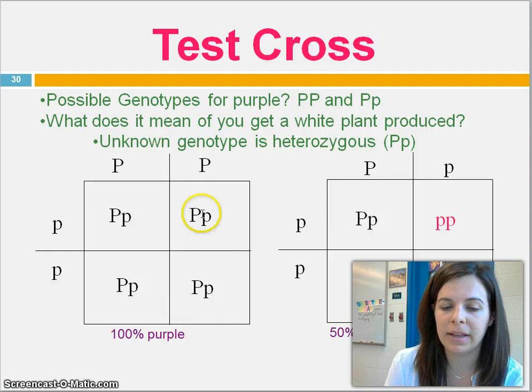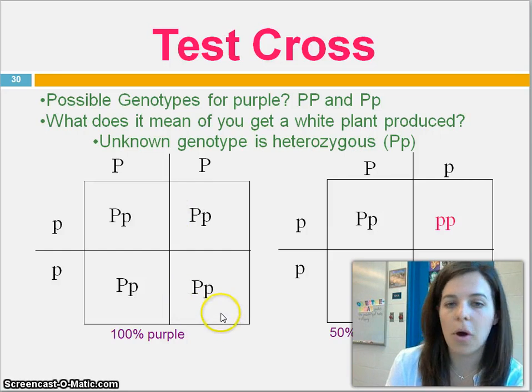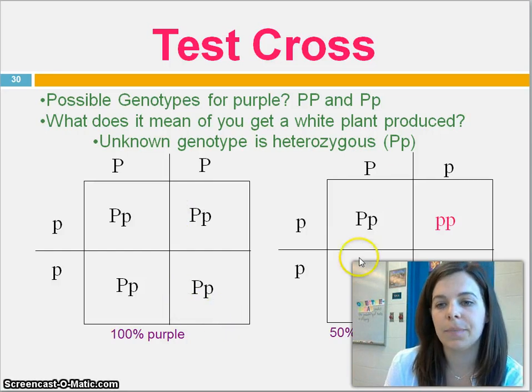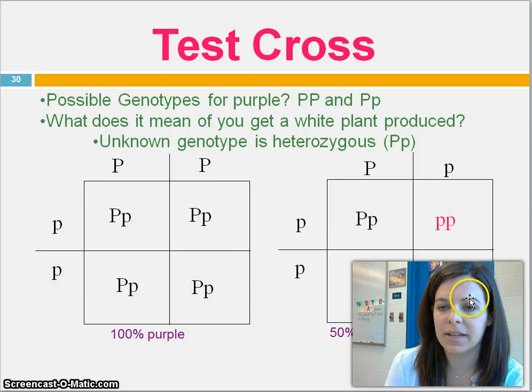There's a dominant allele in every box, so there's going to be no white plants. In this case, we have 2 boxes that are homozygous recessive, and so therefore, since we have the expression of the white phenotype, we know that this parent is heterozygous. So if you get all purple, you know that the parent is most likely homozygous dominant. If you get 50-50 or about that ratio, then you know that the parent is heterozygous.